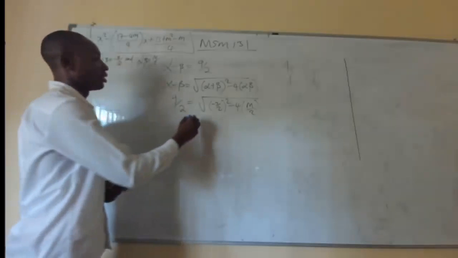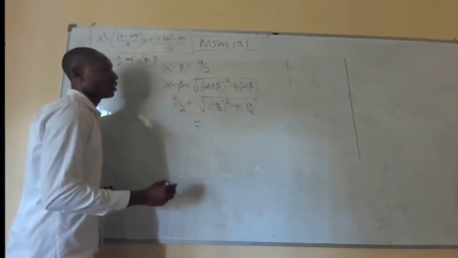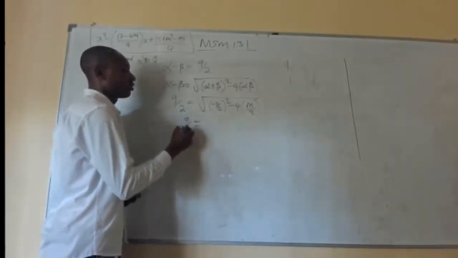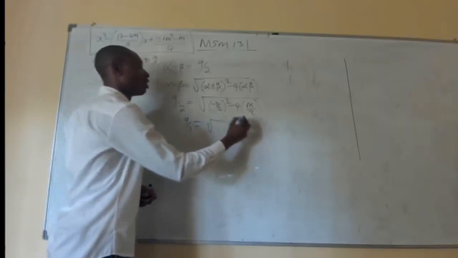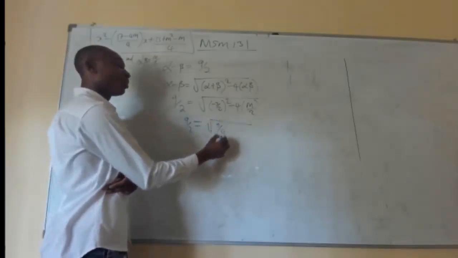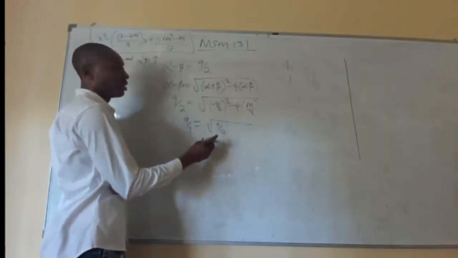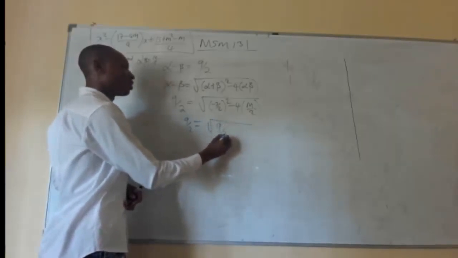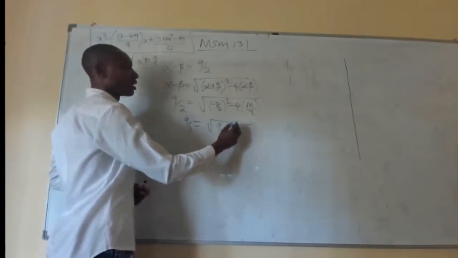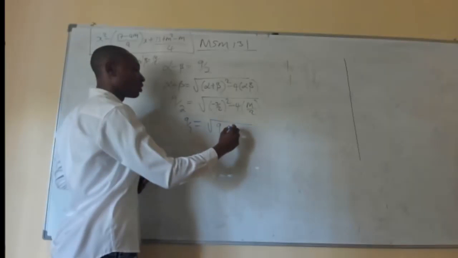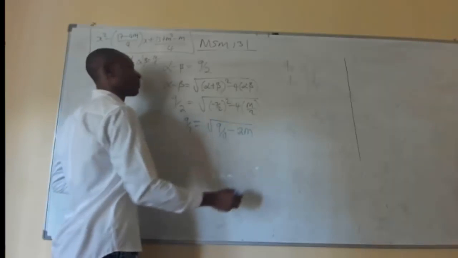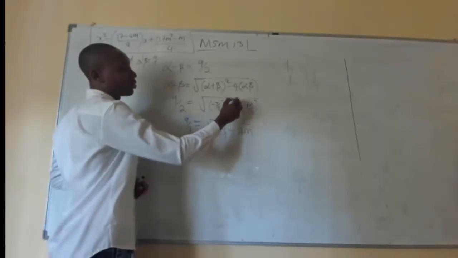Okay, so this is basically now going to be equal to 9 over 2, 9 over 4, 3 times 3 is 9, so we have 9 over 4, minus, and this and this will cancel, so this is the same as 2m. So 2 into 2, 1, 2 into 4 is 2.